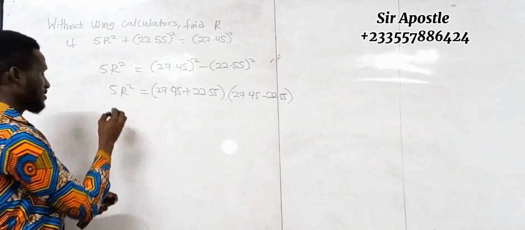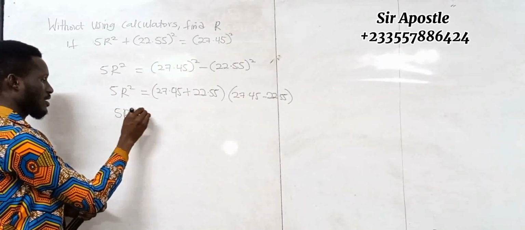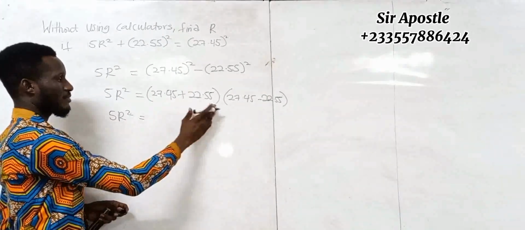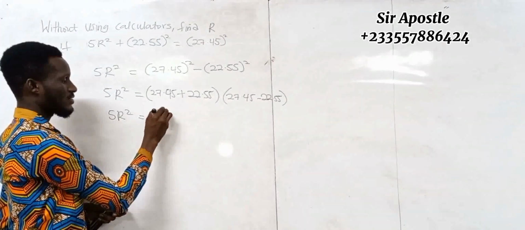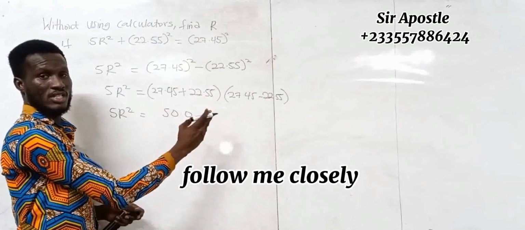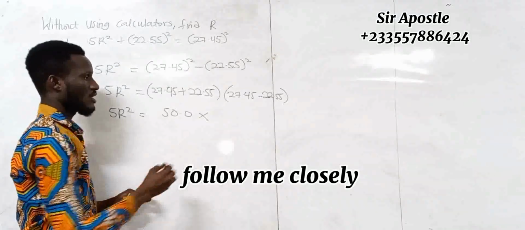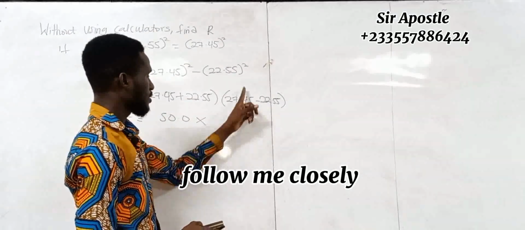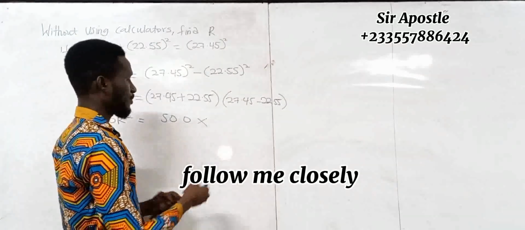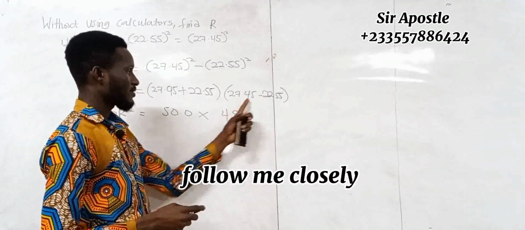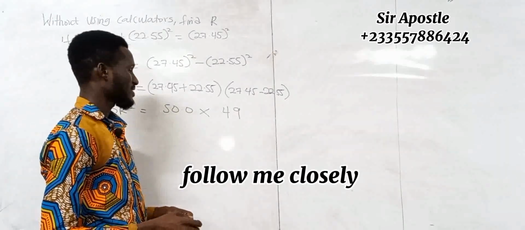At this point, it is very simple to add this. 27.45 plus 22.55 will give us 50, so let's say 50.0. The bracket means multiplication, so times. Now subtracting this one and this one, it's going to give us 4.9.